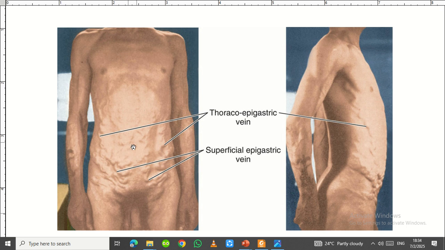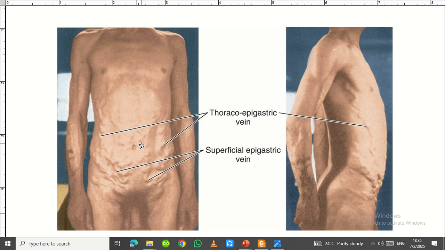Caput medusae. So the zone 1 region, or the skin of the abdomen, is also a place for portocaval systemic anastomosis. Portocaval systemic anastomosis. What does it mean? It just means that we have some tributaries that will go to the superior vena cava or the inferior vena cava, and some will be going to the portal vein.